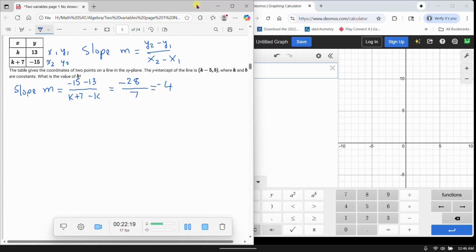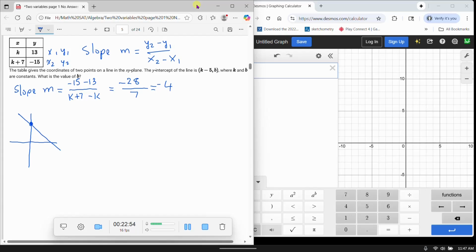But they also give you the y-intercept. If you think about what the y-intercept is, it is a point on the line. For any line, I'm just going to draw a random line to explain it to you. This line has a negative slope. At any line, if you take any 2 points on the line, they're always going to have the same slope.